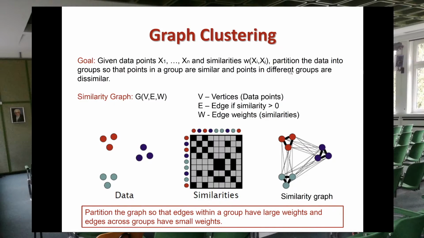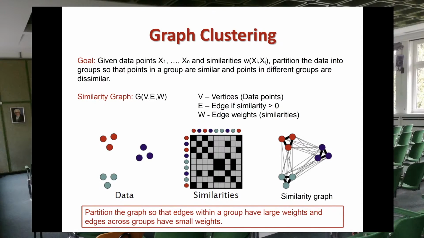So considering this data set of n points and our similarity measure, we want to partition the data into groups so that points in a group are similar and points in different groups are dissimilar. So we are going to work with graphs.